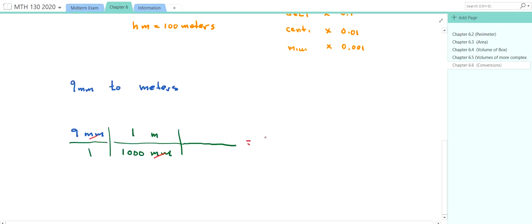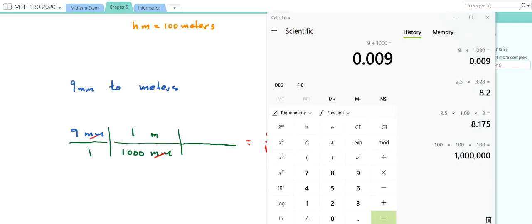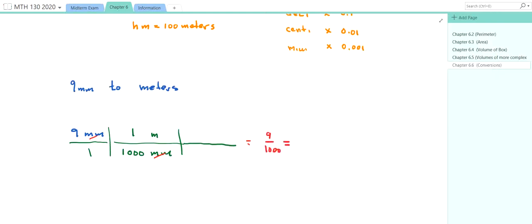So this is the same thing as saying 9 divided by 1,000, and 9 divided by 1,000 is 0.009 meters. So 9 millimeters equals 0.009 meters.